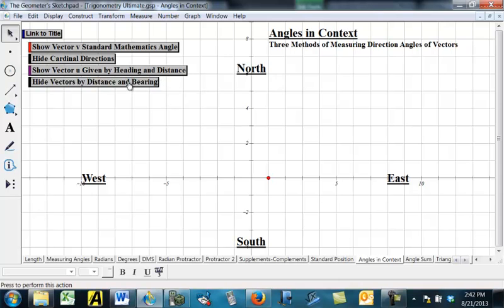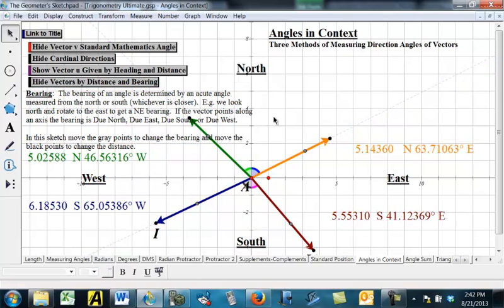We can however also do it by bearing and distance. The distance is the same. I've got 4 different directions here for our vector, and this orange one, as you see me moving, is pointing northeast.